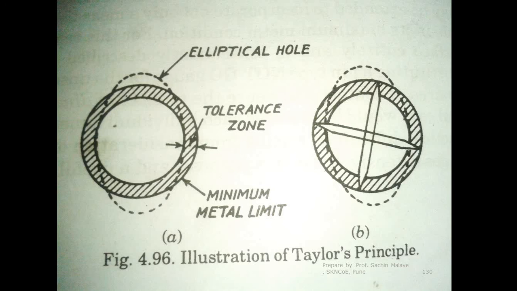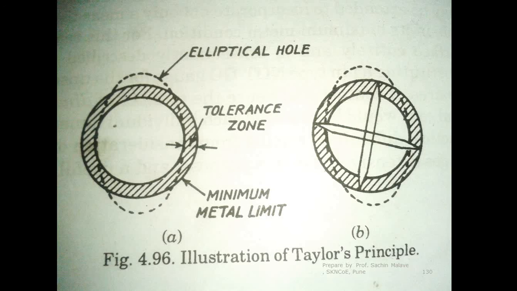So minimum size of the hole corresponds to maximum metal condition, and maximum size of the hole represents the minimum metal condition. Please don't get confused between size and metal limit. So we know that go end checks the maximum metal condition, and no go end checks the minimum metal condition.